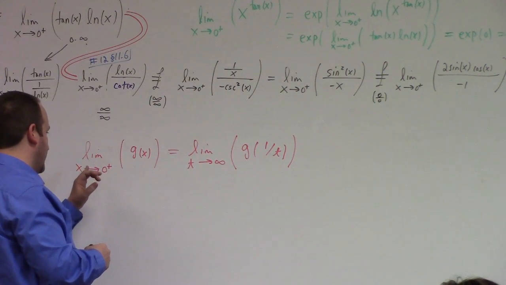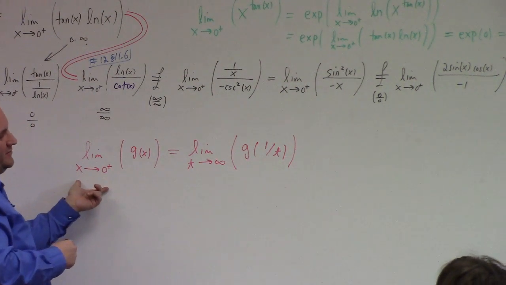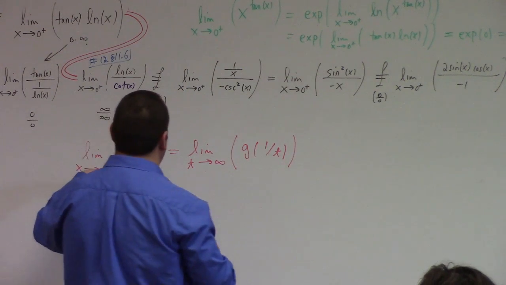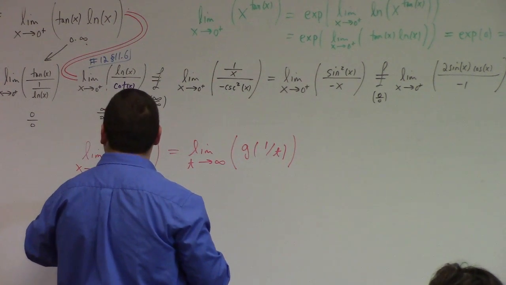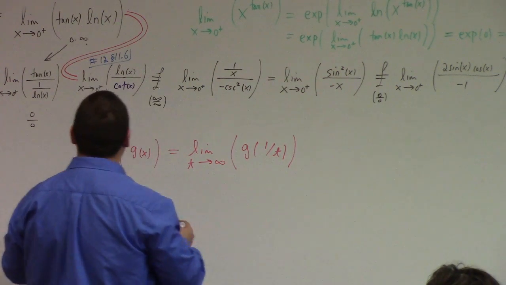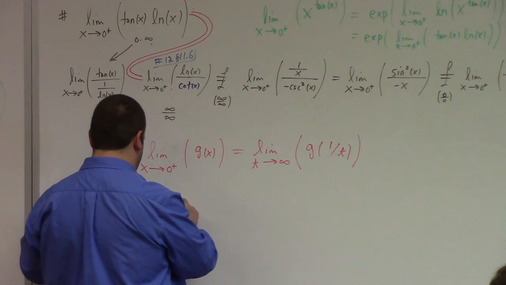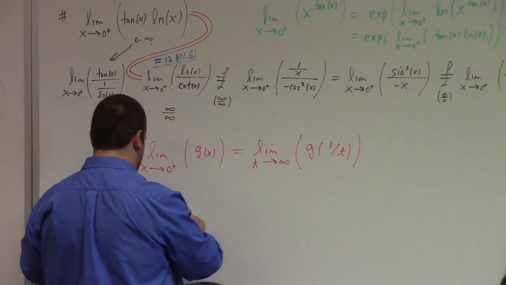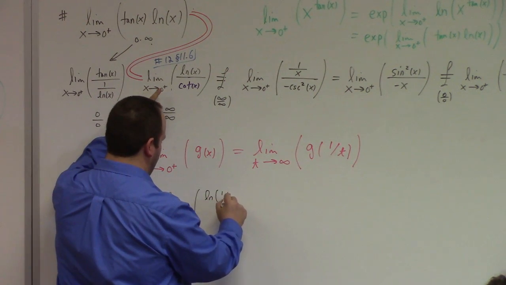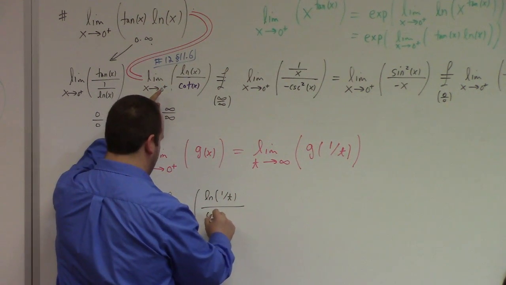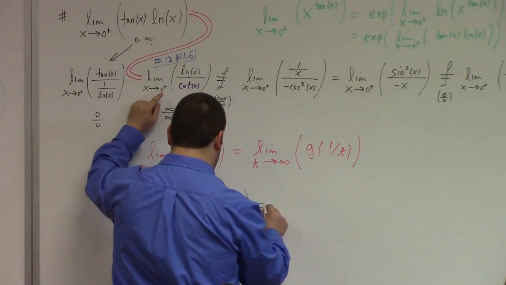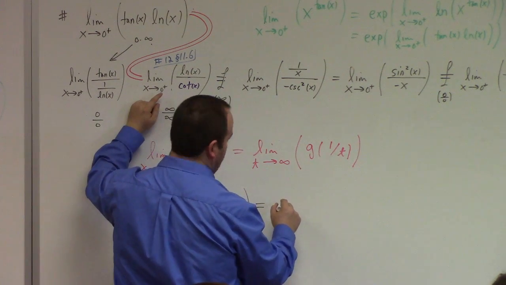So if you know this, we can twist this example, let's say. And so the limit as t goes to infinity of ln of 1 over t over the cotangent of 1 over t is equal to 0.